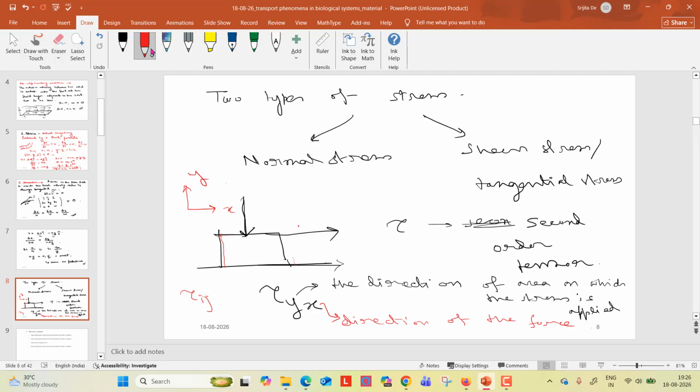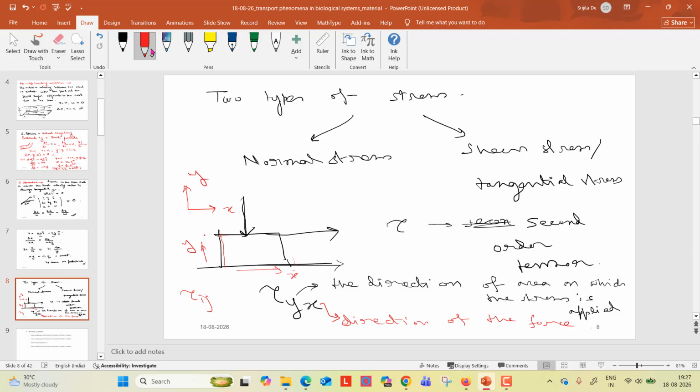So this is X, and this is Y. So in which area is it working? The stress is working here, right? On the Y direction. Is it clear? The stress is working on the Y area, right?